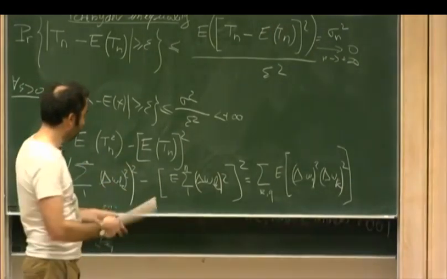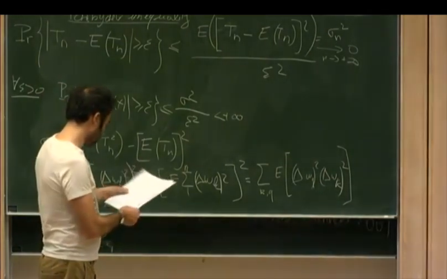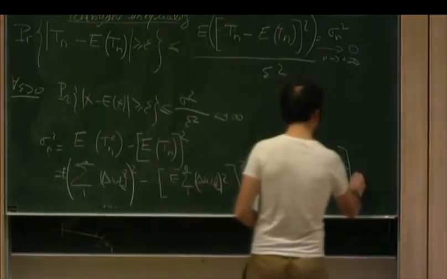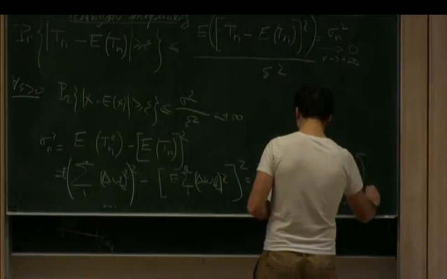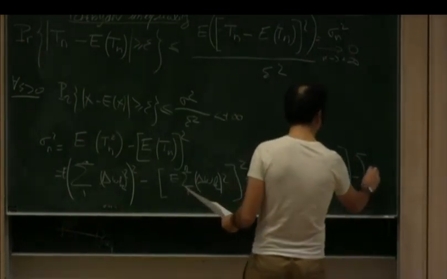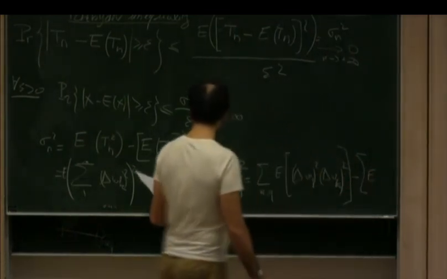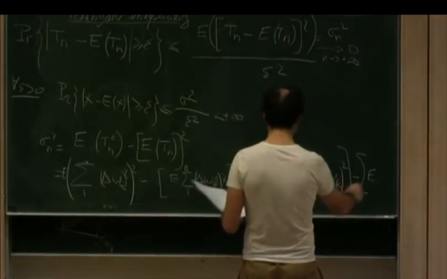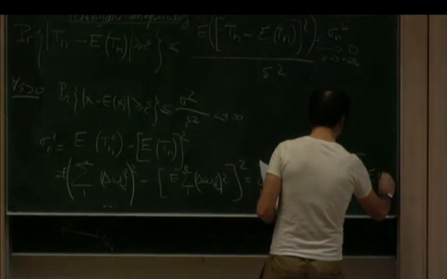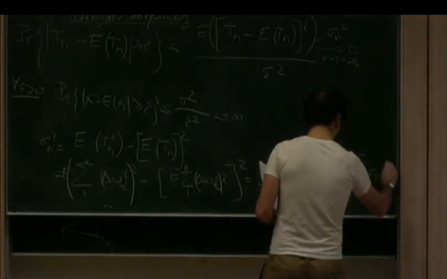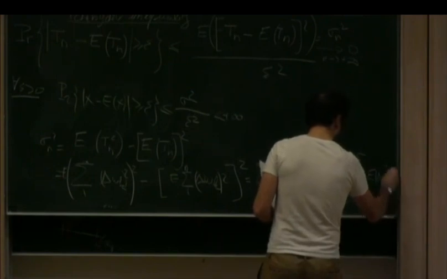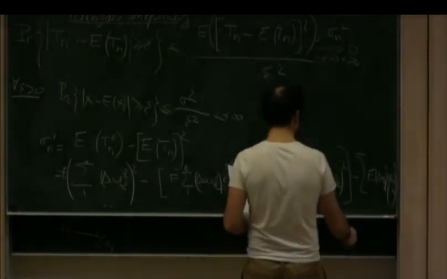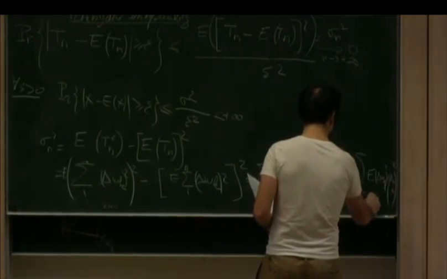And this term is minus the sum of, again, the same quantity, except now we have the expectation of d omega k squared times the expectation of d omega q squared, and again k and q.